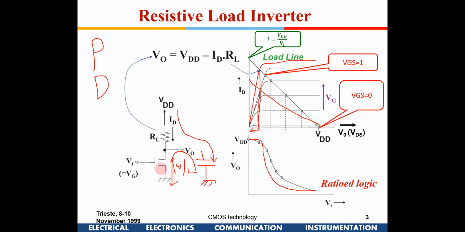In this case, VOH is not depending on the size of the transistor, but VOL is dependent on the size of the transistor, isn't it? That's what we discussed. So that is why we call this ratioed.